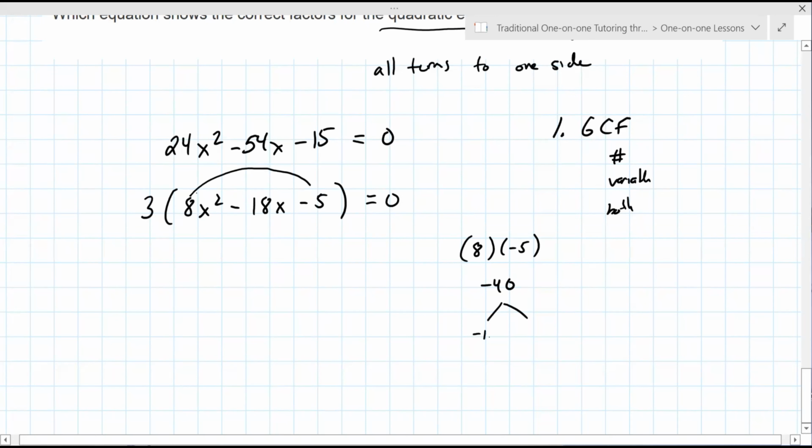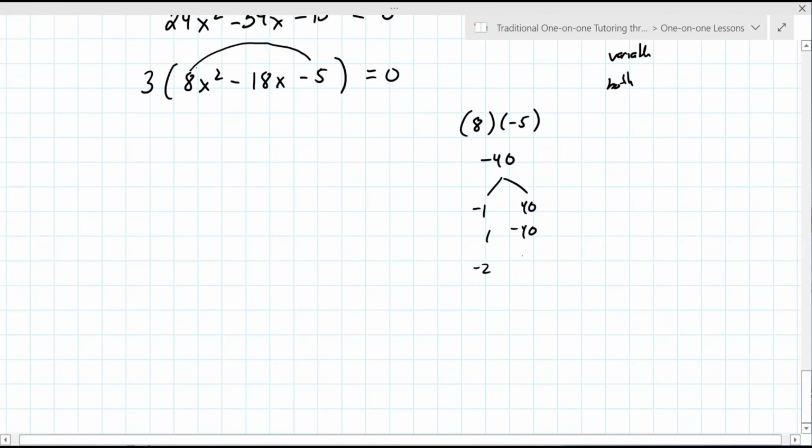All right, so to do this, you would just write all the possible factors here. Negative 2 and 20, 2 and negative 20. Let's see here, negative 4 and 10, 4 and negative 10, negative 5 and 8, 5 and negative 8. So do any on this list add up to negative 18?